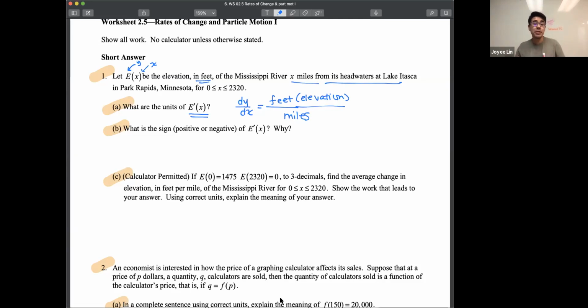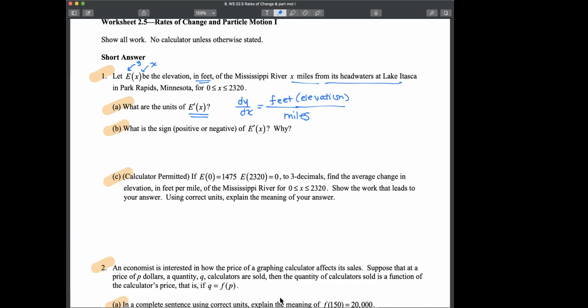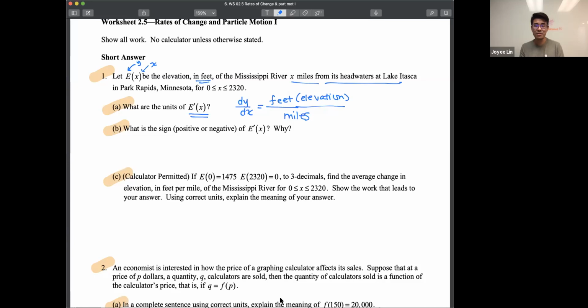The next one should be easier. It says, is the sign positive or negative? Positive. Why do you think it's positive? It's elevation. It's going up. The slope's going to go up. In the Mississippi River from its headwaters.